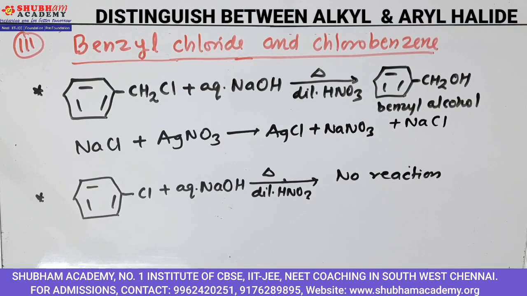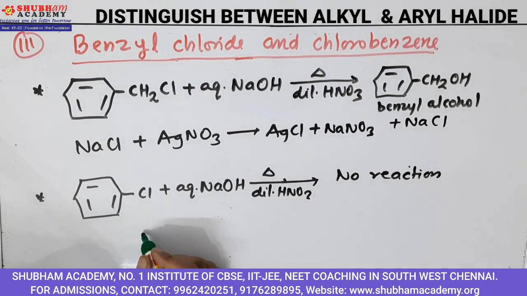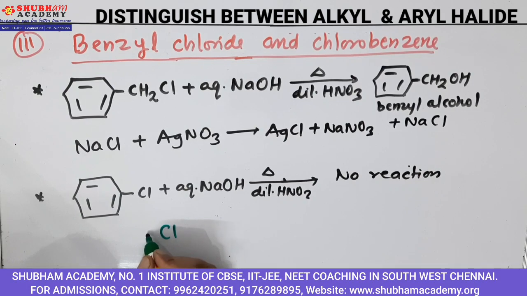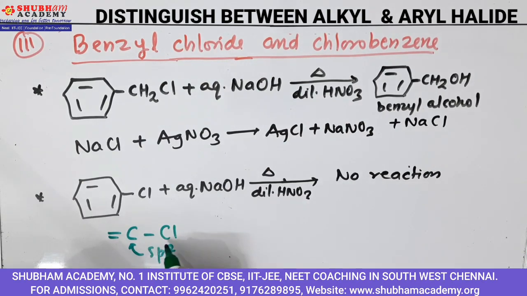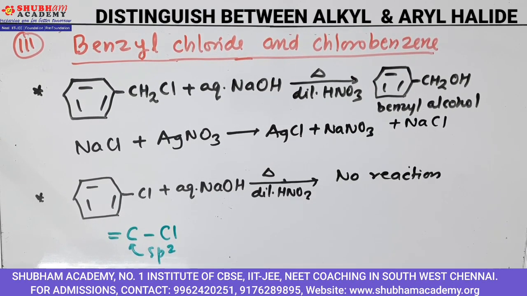One thing you have to keep in mind is that the halogen which is attached to this carbon, right, if this carbon is sp2 hybridized, then the cleavage of this bond becomes difficult, and if this bond is difficult to break, then OH minus will not be able to substitute this Cl minus, and you will not get any substituted product and NaCl will not come out, right.